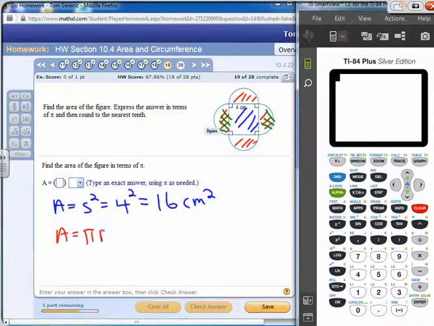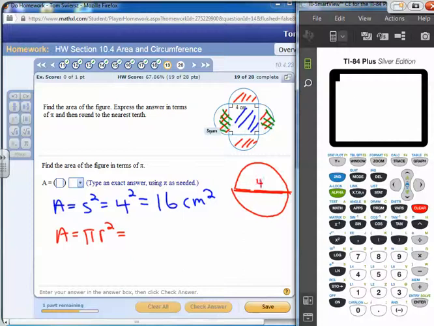is pi r squared. Okay, now notice this circle on top, it's a semicircle, so if we go all the way around, notice the side of the square is actually the diameter of the circle.